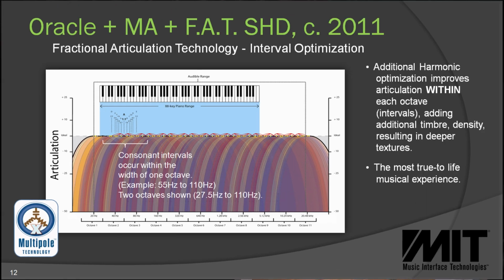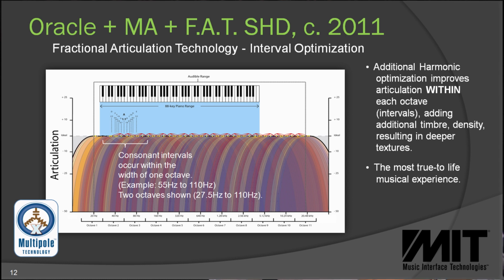Now, super high definition technology is actually still fractional articulation technology, but we have added one more pole of articulation, actually just the little gap right before the fundamental frequency. And we've done it both ascending from the fundamental frequency and descending below the fundamental frequency. And because there are roughly 12 octaves within the audio bandwidth, that gave us 25 extra poles.